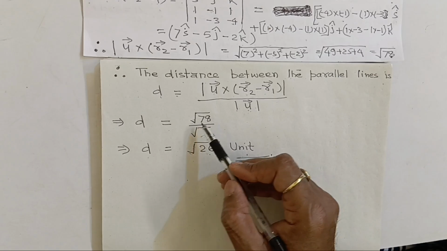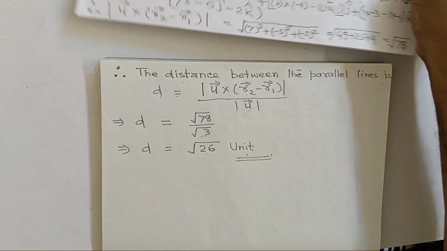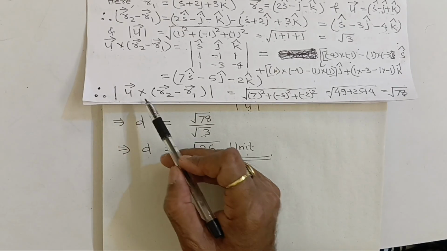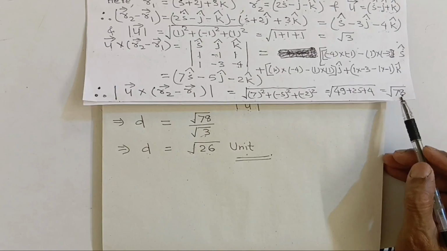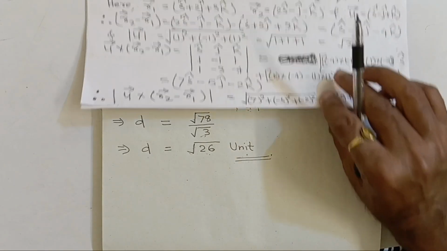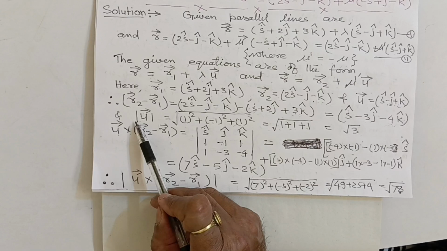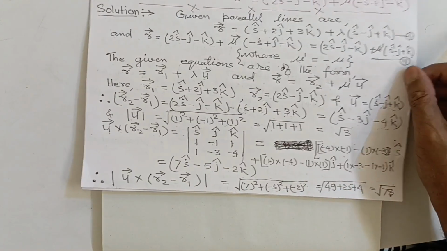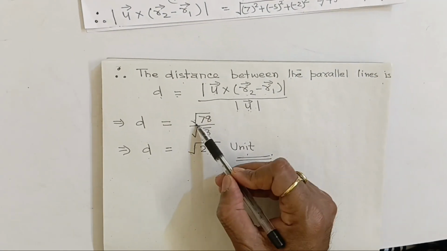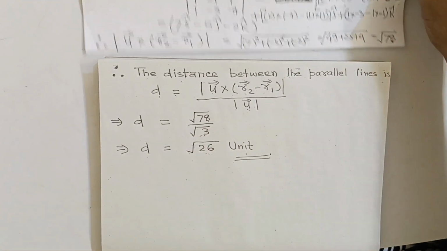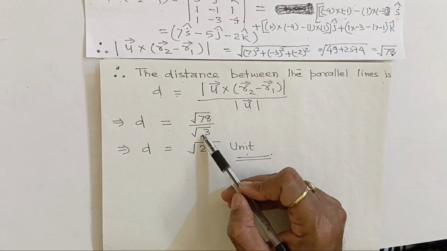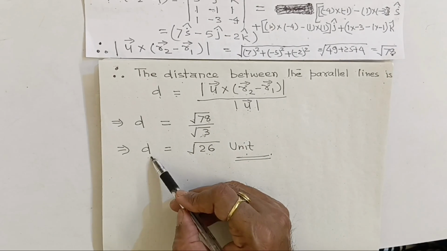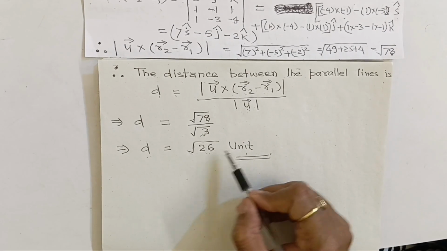Putting the values here, mod of vector u cross vector r2 minus r1 is square root 78 and mod vector u is square root 3. So d is equal to square root 78 by square root 3. 3 times 26 is 78, so d is equal to square root 26 units.